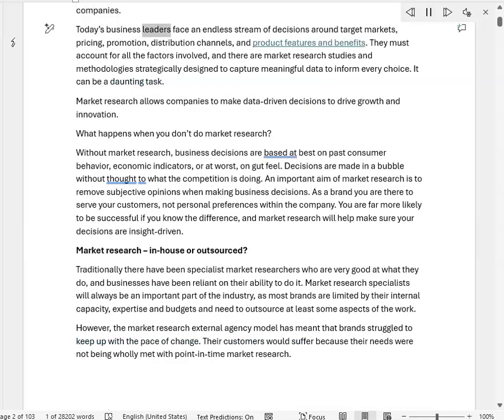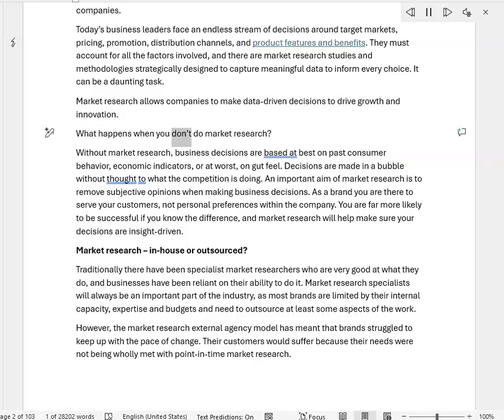Today's business leaders face an endless stream of decisions around target markets, pricing, promotion, distribution channels, and product features and benefits. They must account for all the factors involved, and there are market research studies and methodologies strategically designed to capture meaningful data to inform every choice. It can be a daunting task. Market research allows companies to make data-driven decisions to drive growth and innovation.